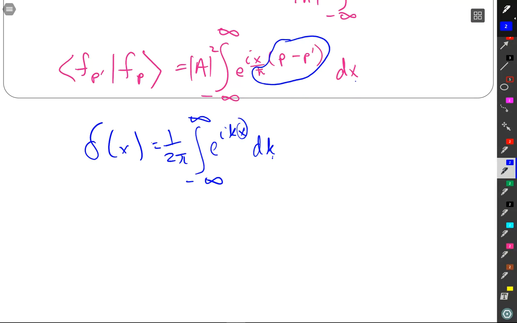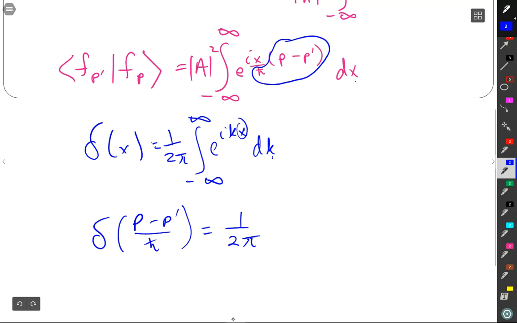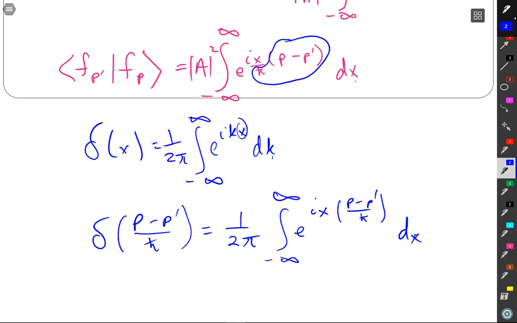And so what this means is that I should have Kronecker delta of p minus p prime over h bar is equal to 1 over 2 pi, the integral from minus infinity to infinity of e to the i, it'd be like that, right? Doing direct conversion. Now, I've got this h bar in here.